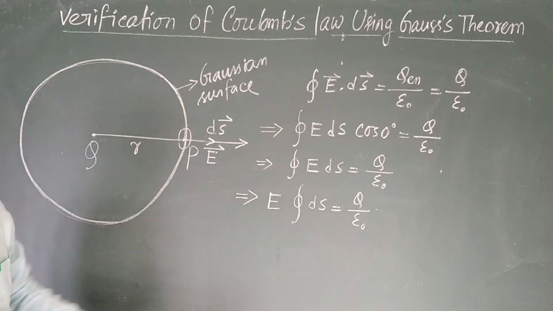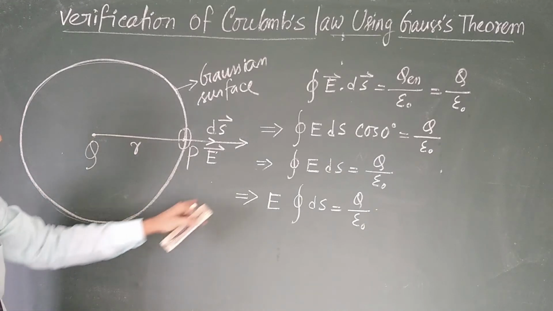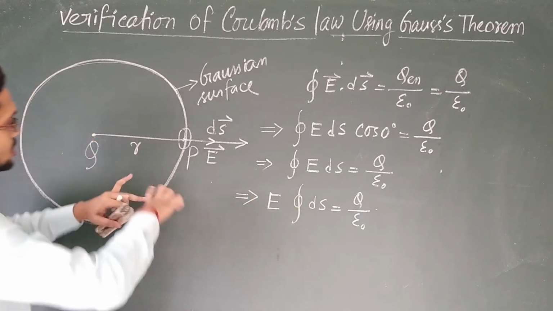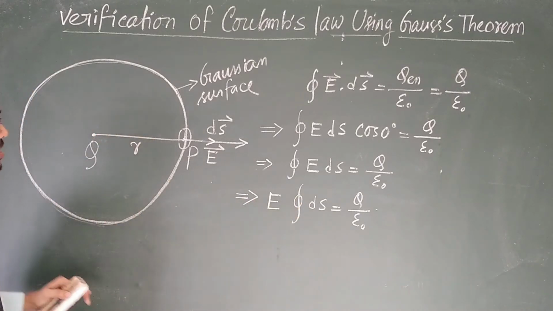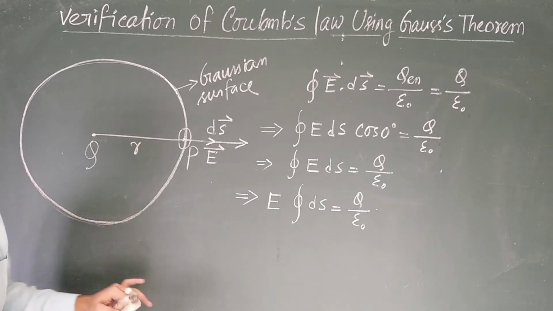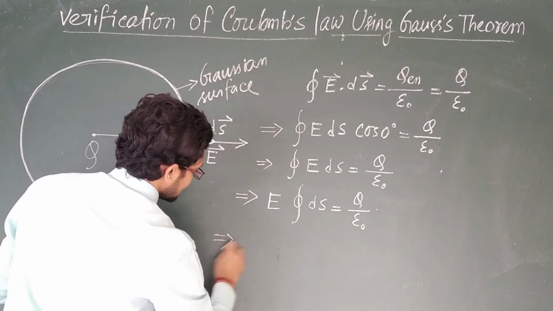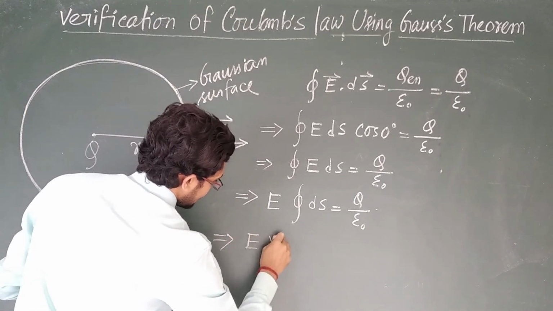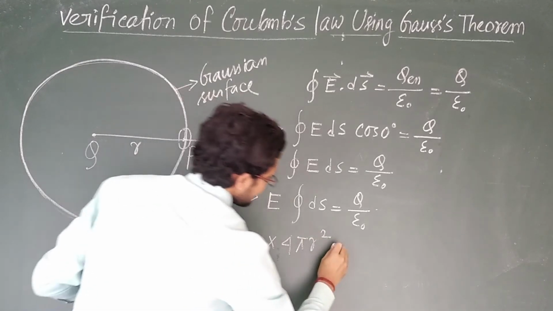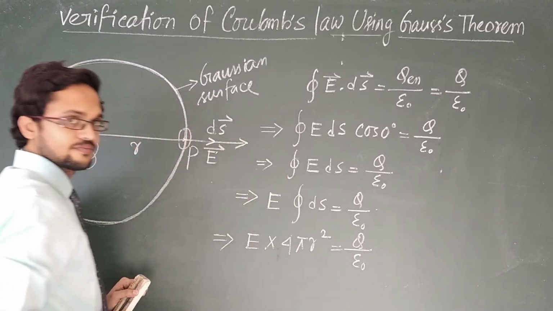Closed integral ds means the total closed surface area, here the total surface area of the sphere, because the Gaussian surface is a sphere. So E into 4 pi r square equals q by epsilon 0.